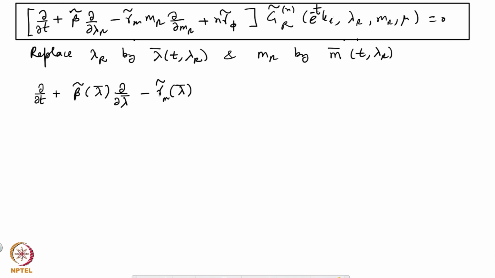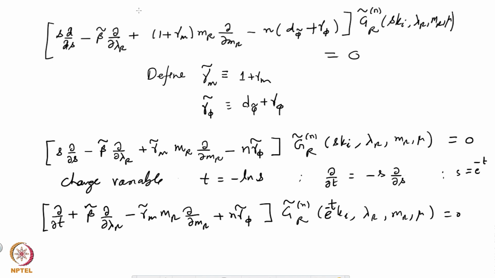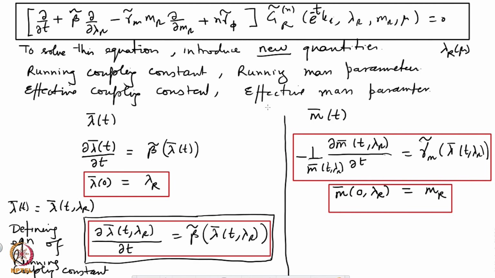Okay, we are working in the MS and MS bar schemes, or in short MS schemes. So gamma tilde was, remember, 1 plus gamma m, and we have already argued that gamma m and gamma phi do not depend on the renormalized mass mr or on the scale mu, right? In these schemes, the z's are independent of mu and mr. And that is why these are called mass independent renormalization schemes.